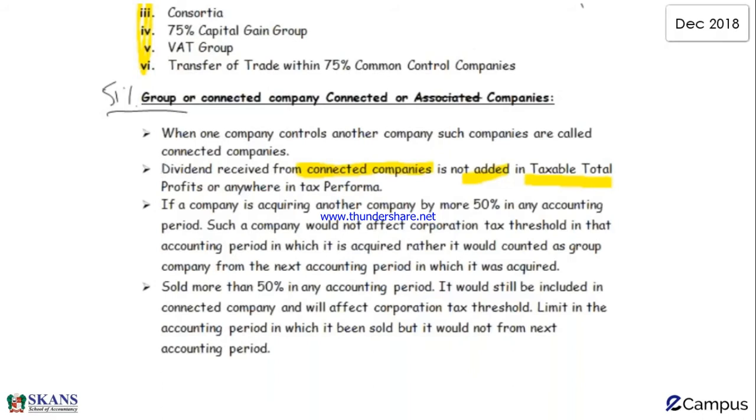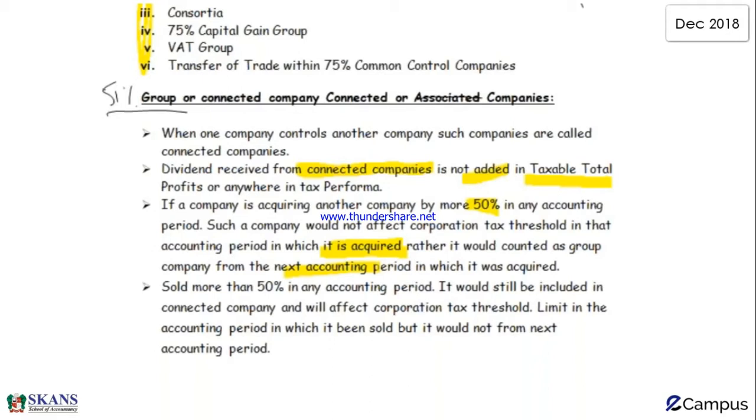So, if a company is acquiring another company by more than 50% in any accounting period, such a company would not affect the corporation tax threshold limit in the accounting period in which it is acquired. Rather, it would be counted as a group company from the next accounting period.